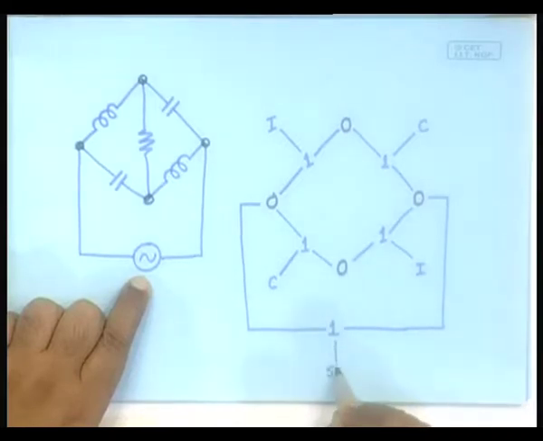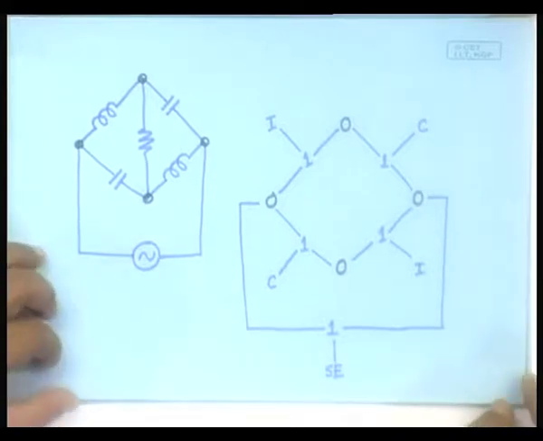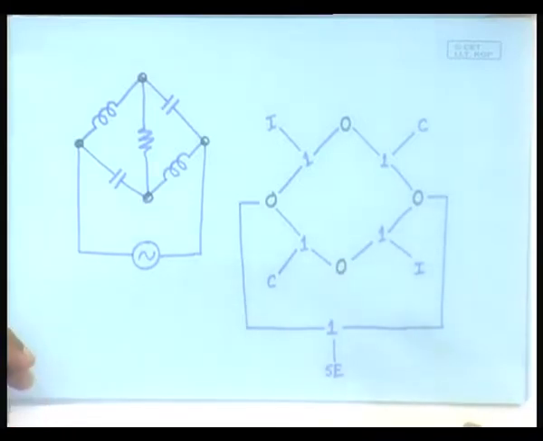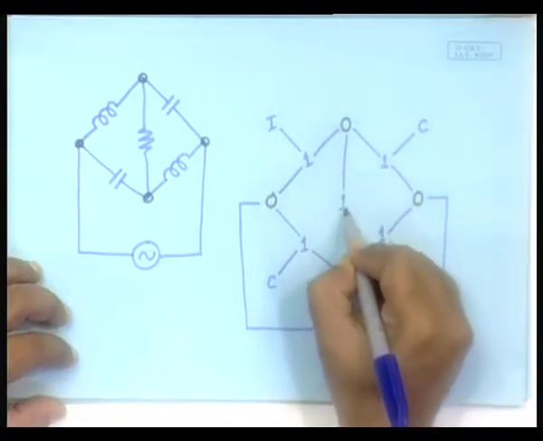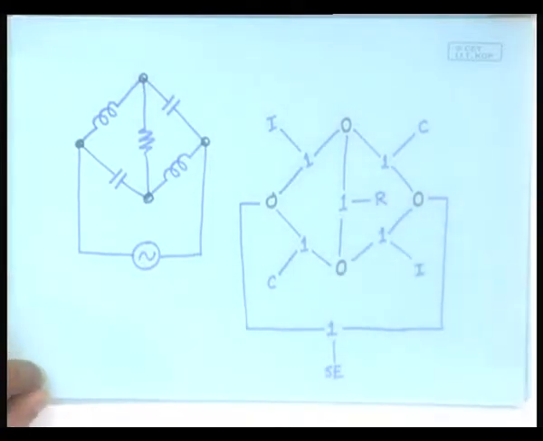An SE. But what have I missed? Oh, there is a resistor. So, here it is a 1 junction with a resistor connected. So, that is the complete circuit.